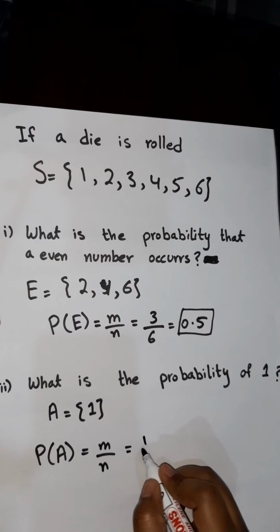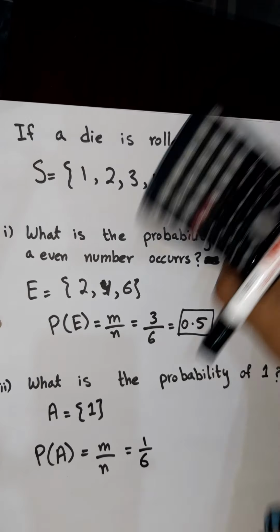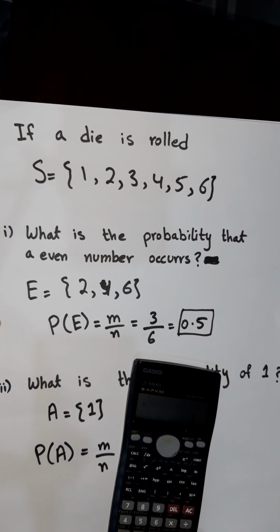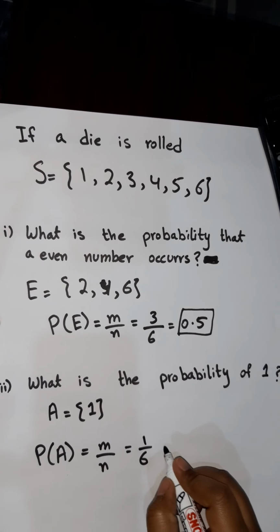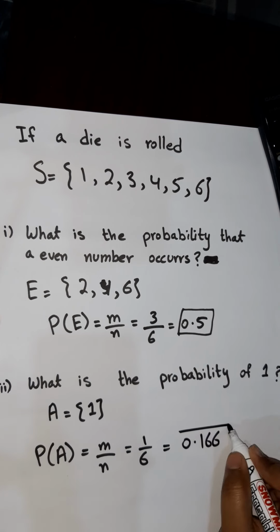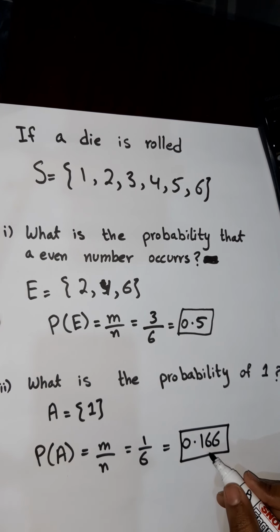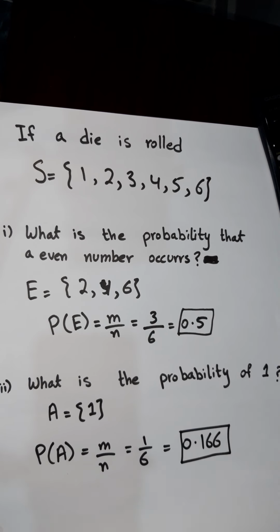So there is only 1 outcome in the event, divided by 6. By using a calculator, 1 divided by 6, the answer is 0.166. So there is 0.166 probability that 1 will occur.